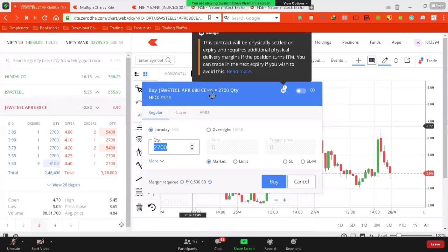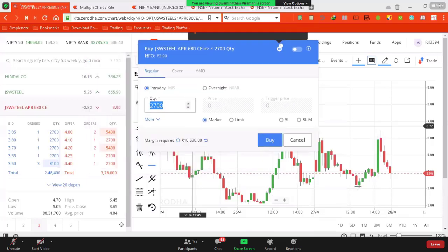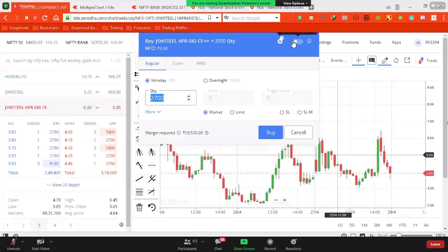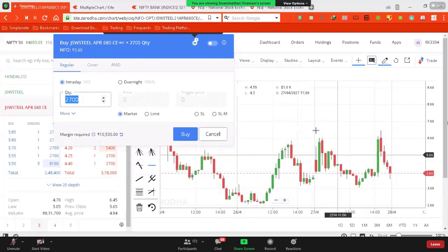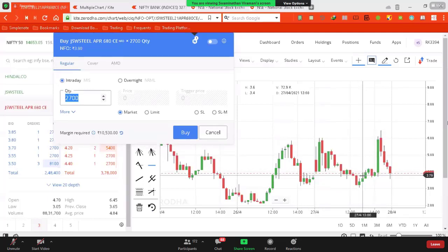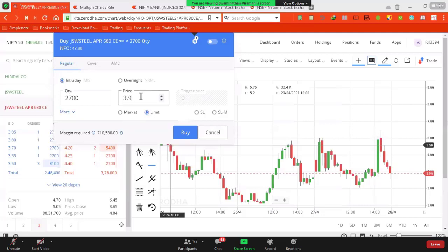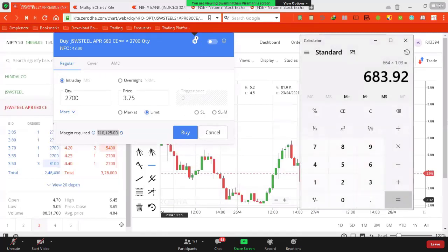And that too for a capital of how much? I entered this trade at 3.6, maybe 3.75. My capital requirement was 10,125. Now let's look at 2 rupees profit on 2,700, 5,400 bucks on an investment of 10,000.